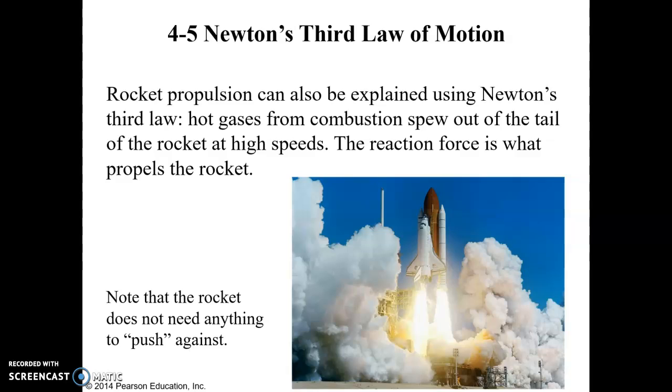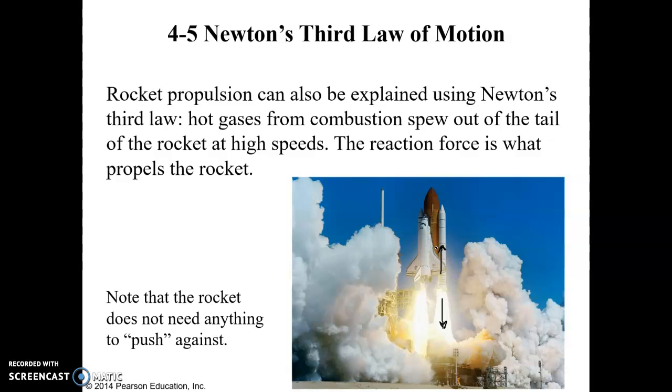What is causing the rocket to take off is just simply the fact that you have all this hot rocket fuel gas, this exhaust pushing out in this direction. So that causes a force equal and opposite, which causes the rocket to take off.